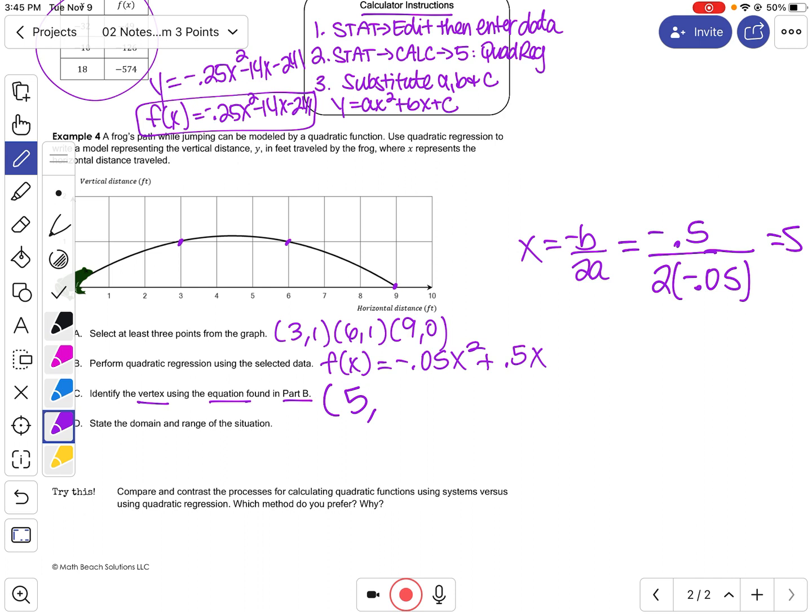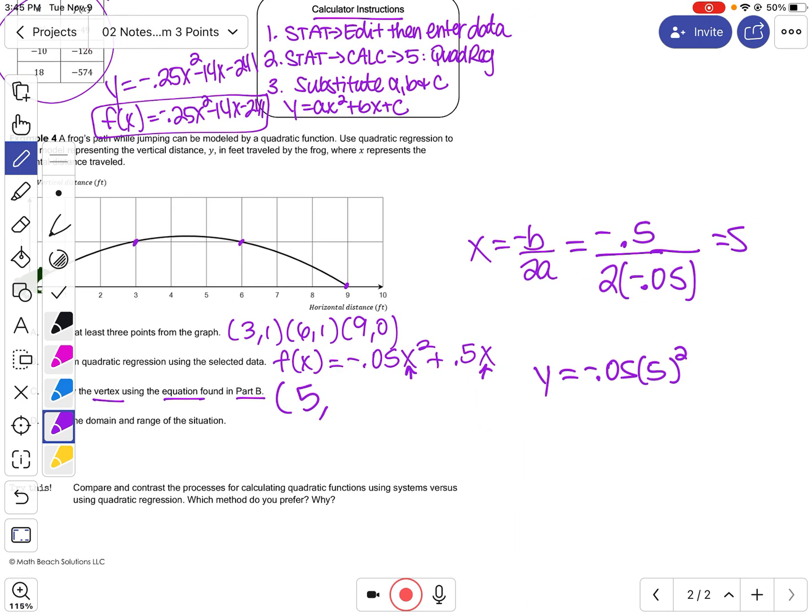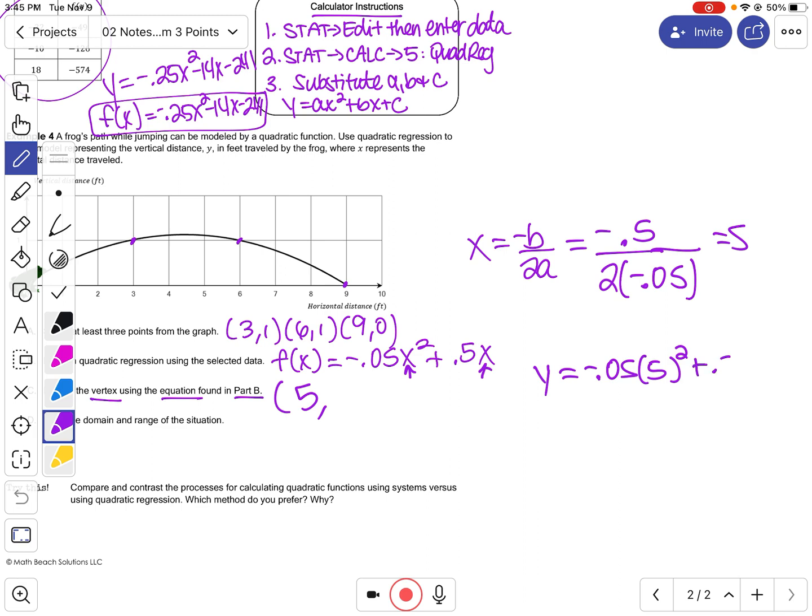Once I know x, I can plug it into my 2 x's here. Lots of 5s going on. So let's type it in the calculator.